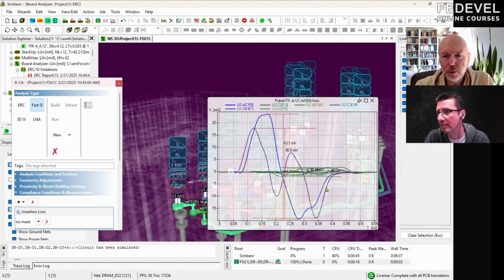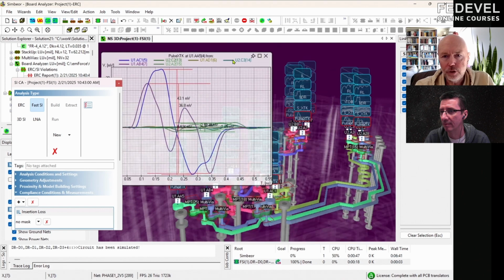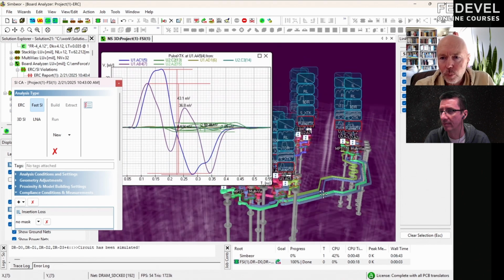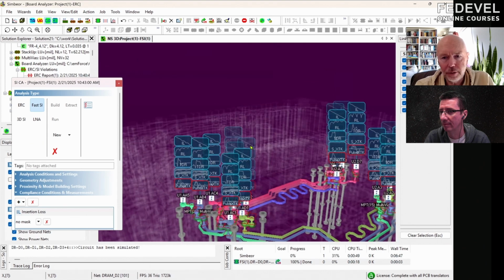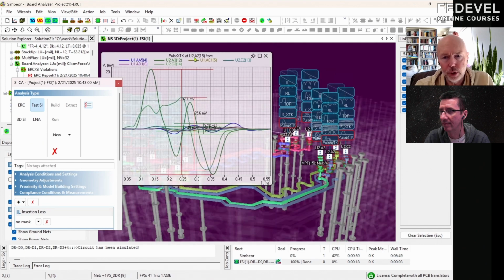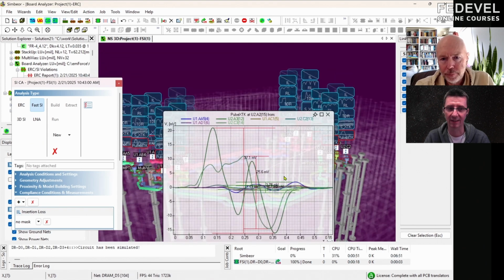So we can see crosstalk 43 millivolt, for instance, on this structure. We can browse just what the crosstalk looks like. Because otherwise I would have to do it manually for every track, or the longest one, or the one with the longest parallel routing.